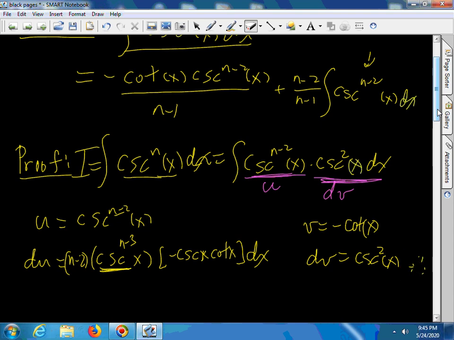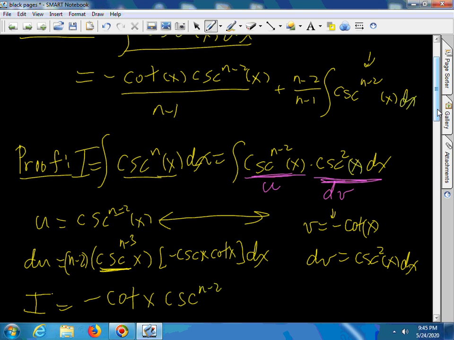So now that we have everything, let's use the integration by parts formula, which says that the integral should be u times v, which has a minus sign right there. In fact, I'll write v times du, minus the integral of v du.